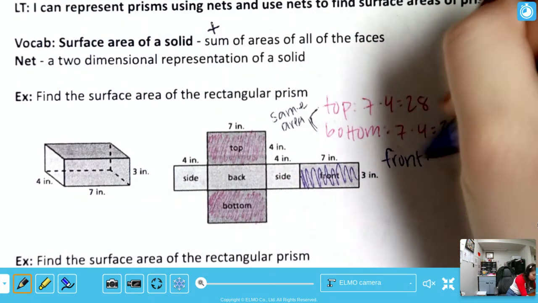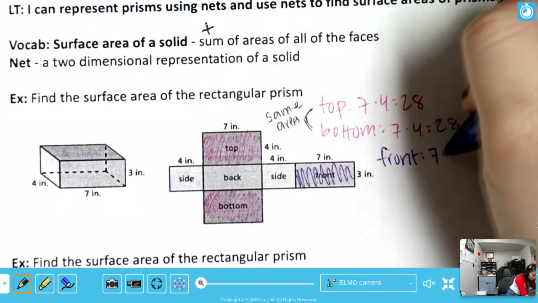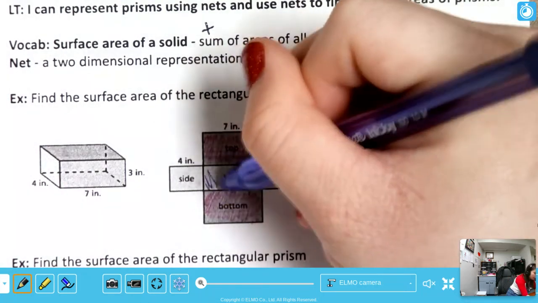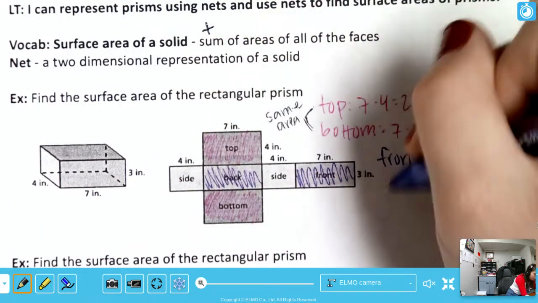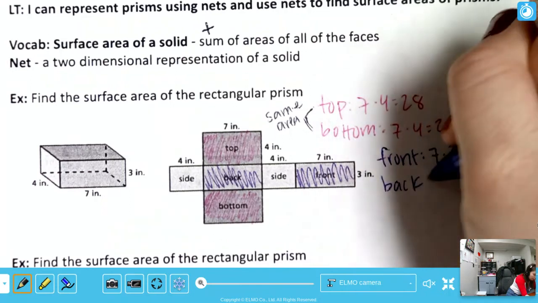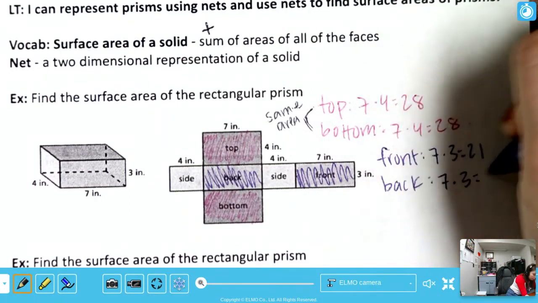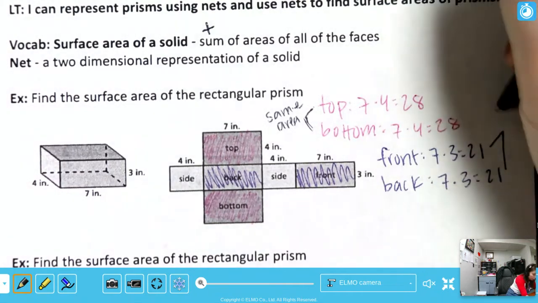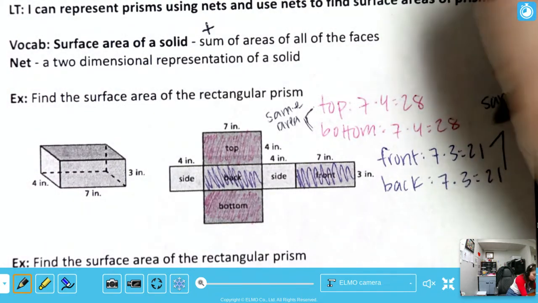It has a length and width of 7 and 3. So 7 times 3, it has an area of 21. In a rectangular prism, the front and the back have the exact same area. The back also has a length and width of 7 and 3, so it also has an area of 21. So not only do the top and the bottom have the same area, so do the front and the back. And let's write a note about that as well.